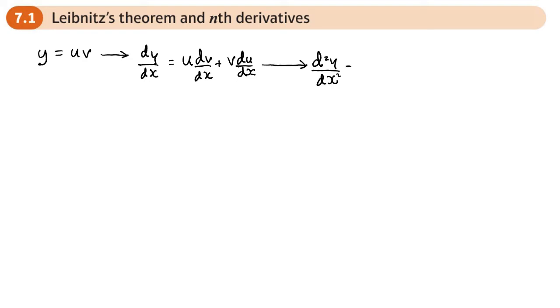So if we apply the product rule a second time, this part becomes like u, this part becomes like v. We'll work through this one and see what we get.